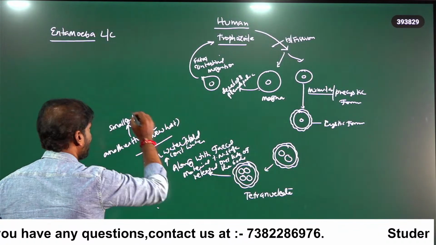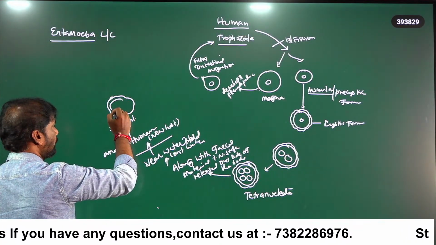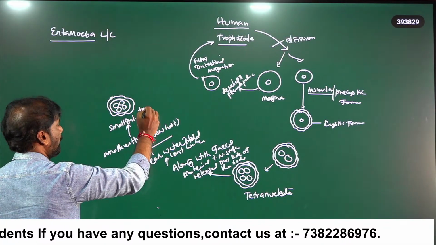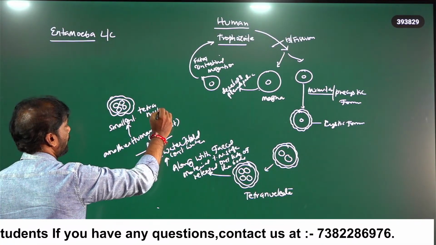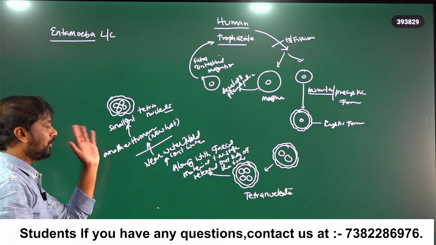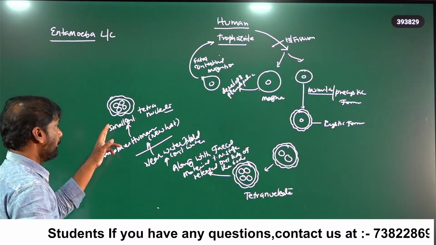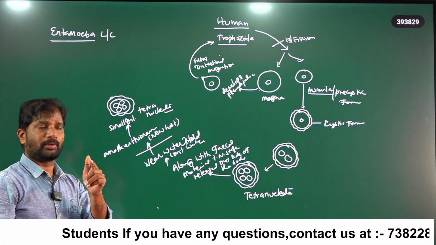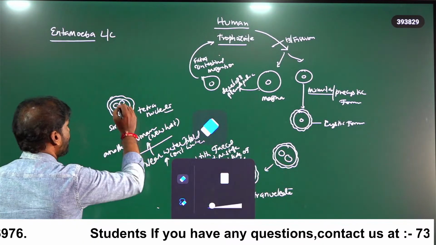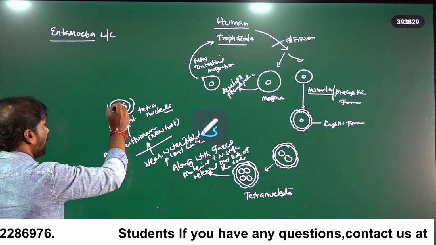Here this is the cyst wall and this is the four nucleated stage, the tetranucleate stage. When it enters into the small intestine, by the trypsin a small part of the cyst wall is ruptured.